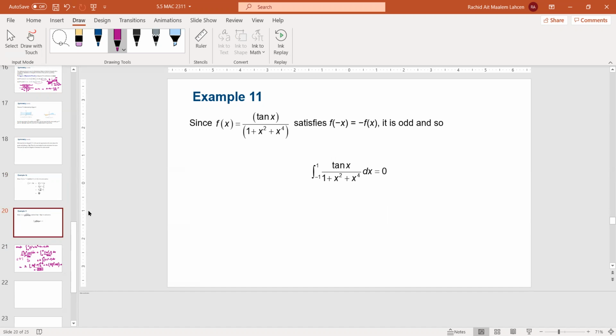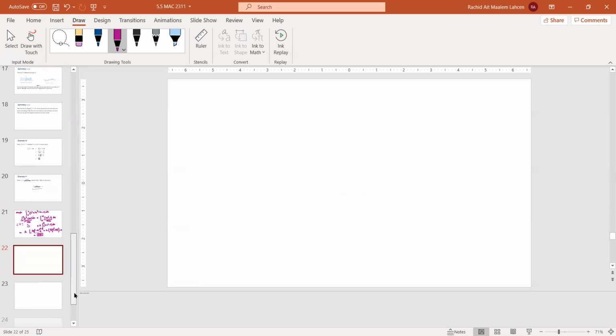And this tangent x over 1 plus x squared plus x to the 4th, you can test it. You find that it's an odd function. So imagine working on this, right? From negative 1 to 1, it's going to be complicated, but by finding out that this is an odd function, the answer is automatically 0.